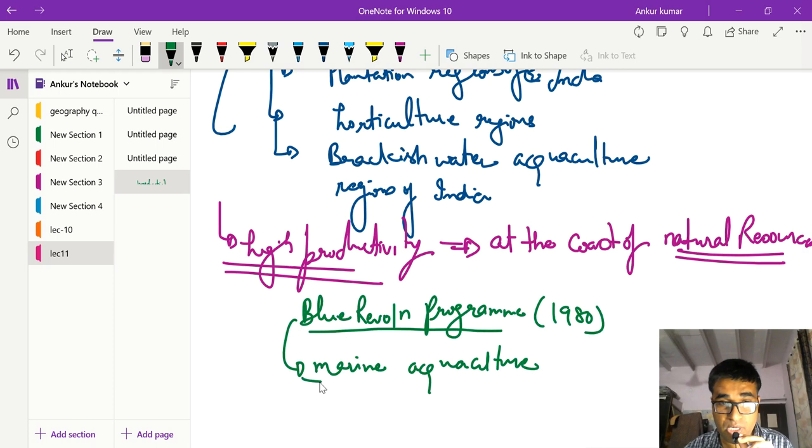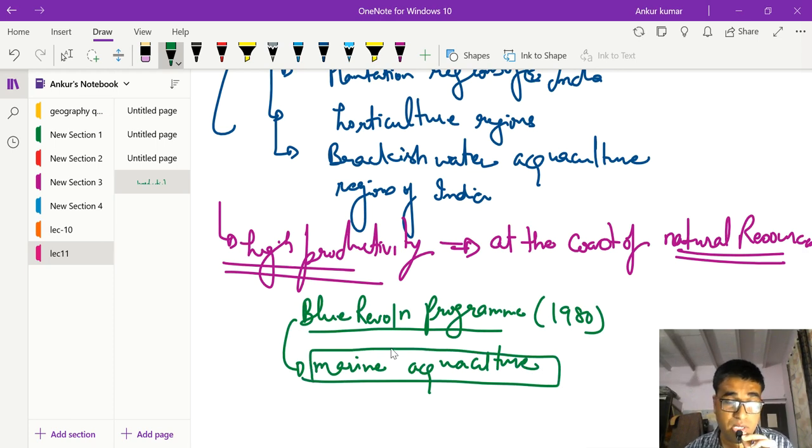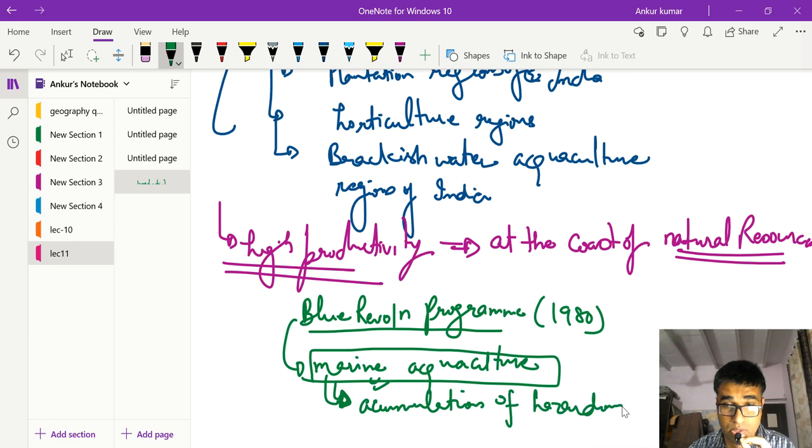In this type of aquaculture, ponds were established near the sea water, and when the water in these ponds could not sustain the fishes, crabs and lobsters, this water was evacuated onto the adjacent lands, and that led to a huge accumulation of hazardous waste.